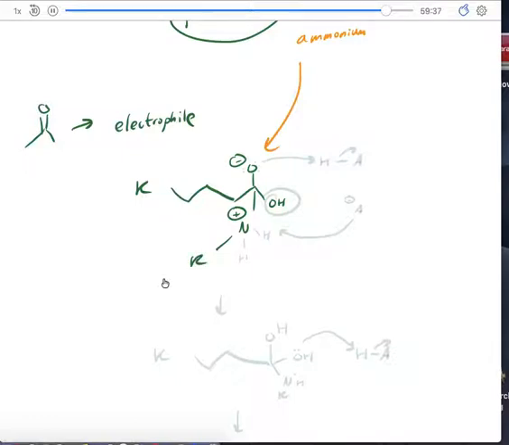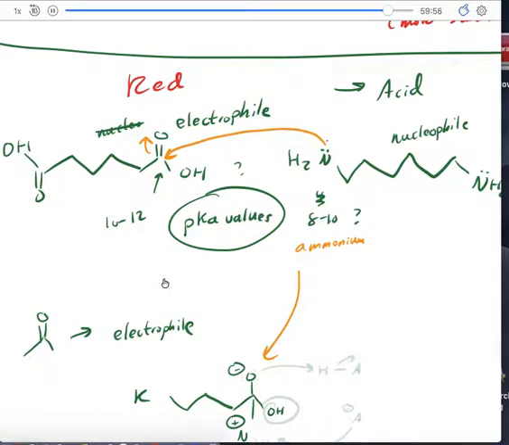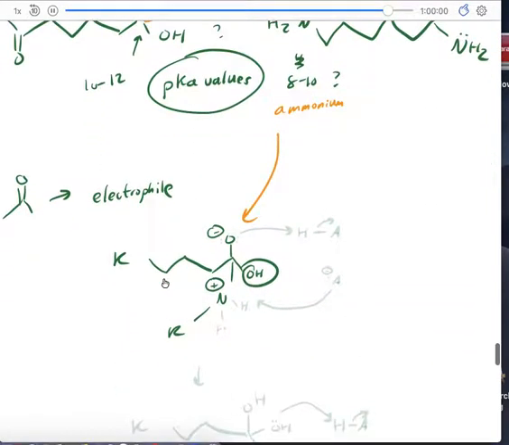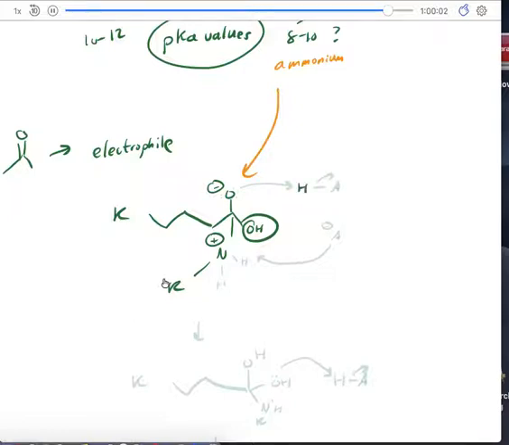And so what needs to happen over here is we've got to generate a good leaving group once again. For this one, this is a problem where we're actually going to need an acid to help us out, because if we just pop off this hydroxide, it's going to want to come right back on. So here I'll just say we'll add an acid right there.